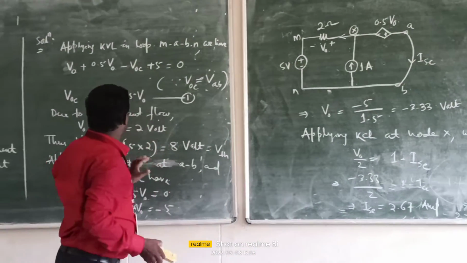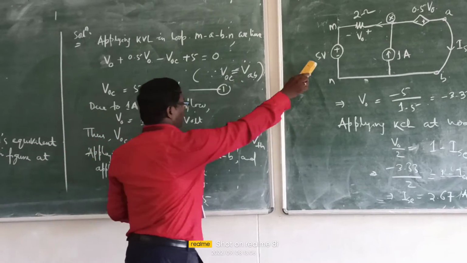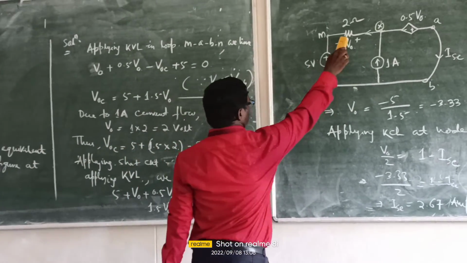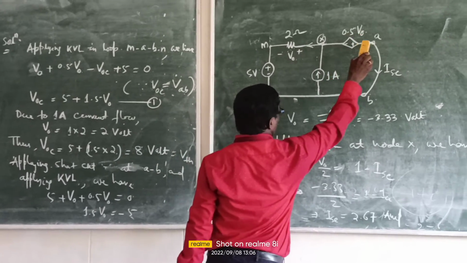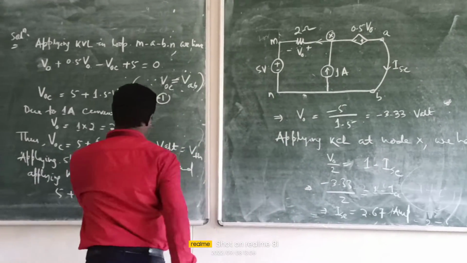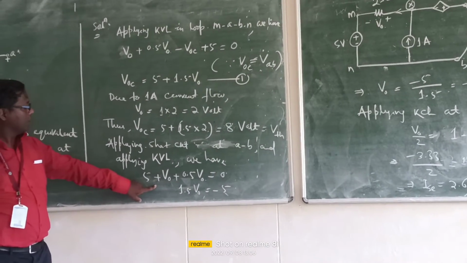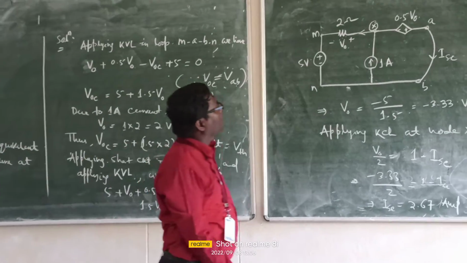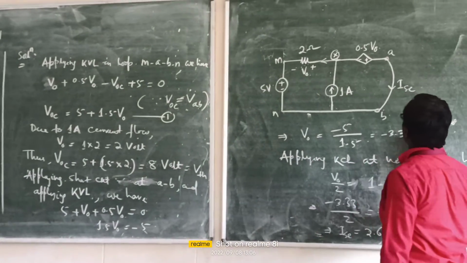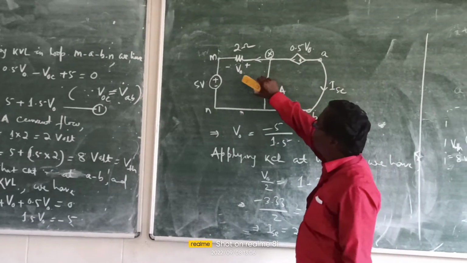We can find 5 volt, this is V0, and this is 0.5 V0, equal to 0. This is applying KVL, or 1.5 V0 equals minus 5, or V0 can be found. That means now we have the value of V0.